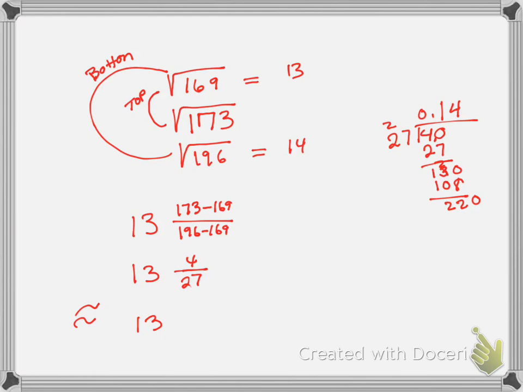Let's try 7. 7 times 7 is 49. Carry the 4. 14 and 4 is 18. Can I fit another 27 in there? I can. So it's an 8. So if I were going to estimate this to the nearest hundredth, I could say it's about 13 point 15.